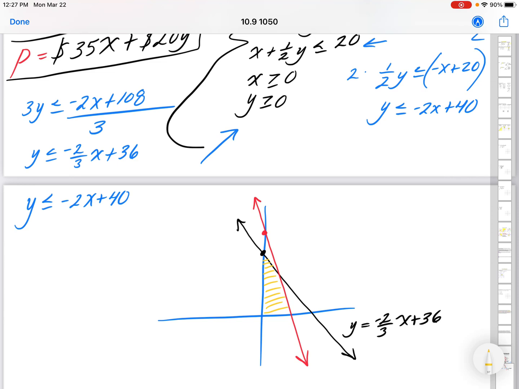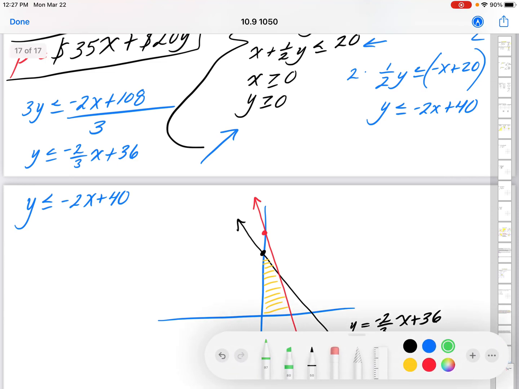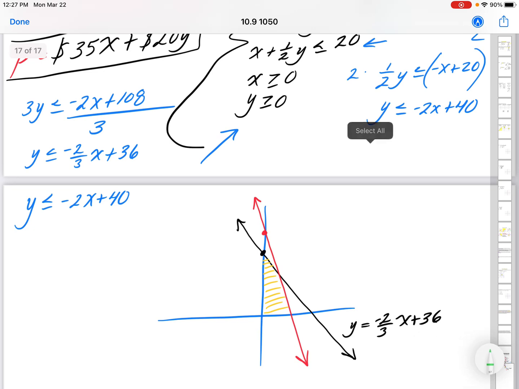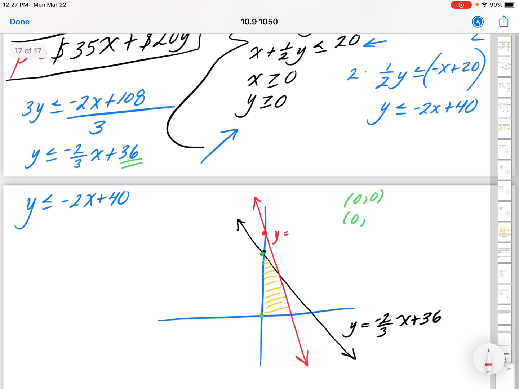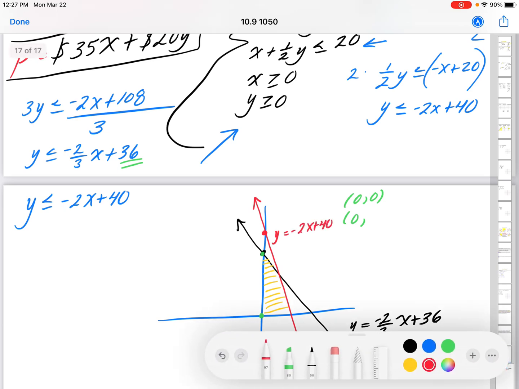So for maximum profit, we would find our vertices. So our first vertex is 0, 0. Our next vertex is right there, which would be over 0 up at our lower one, at 36. I should have written down the red one. The red one was y equals negative 2x plus 40. It's just nice to have them written right next to each other.